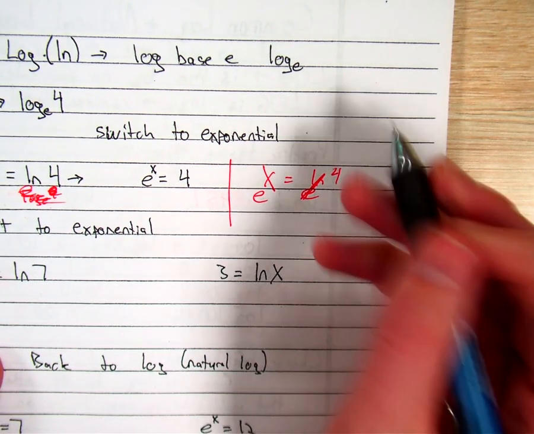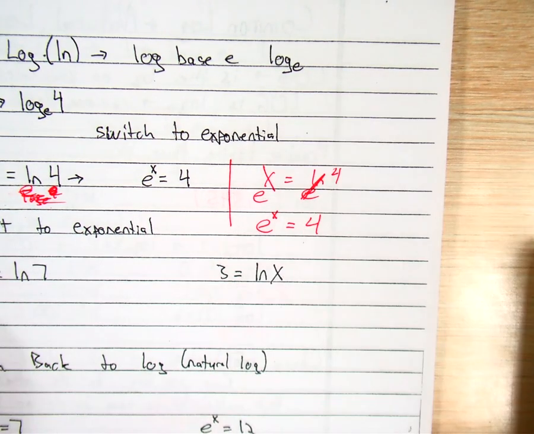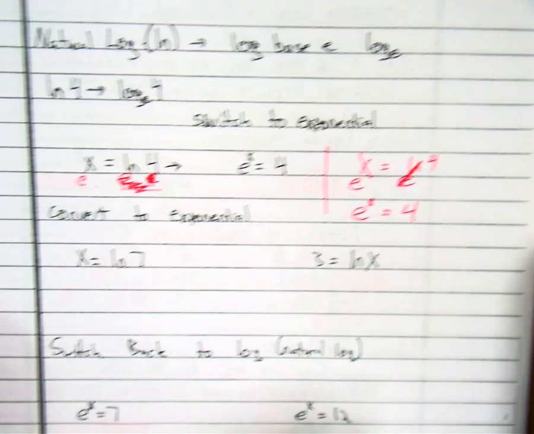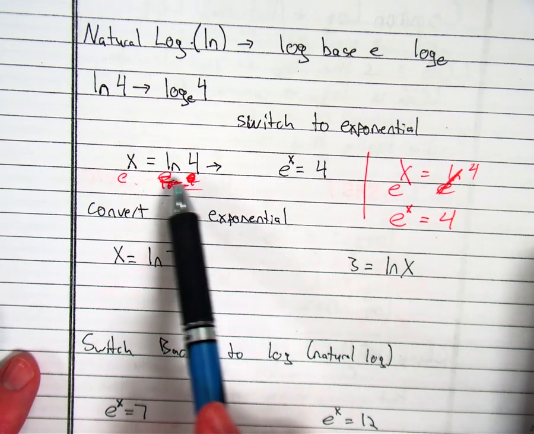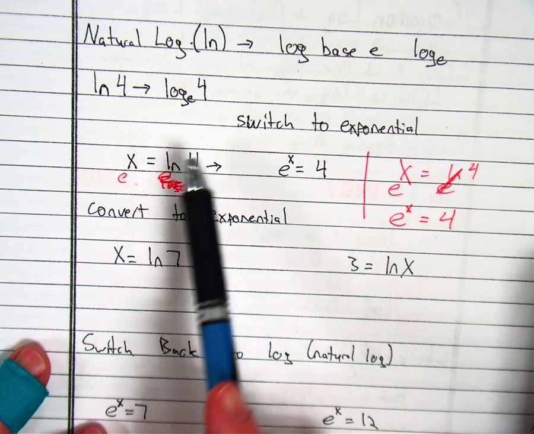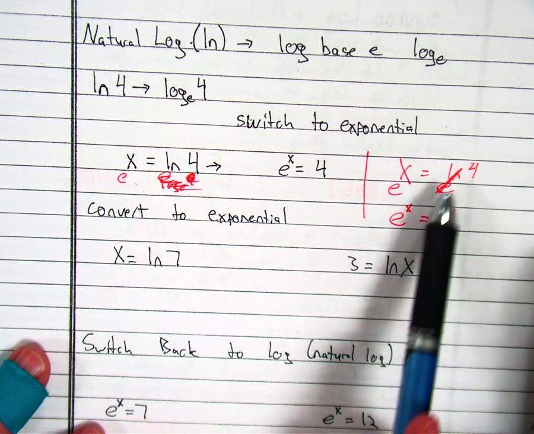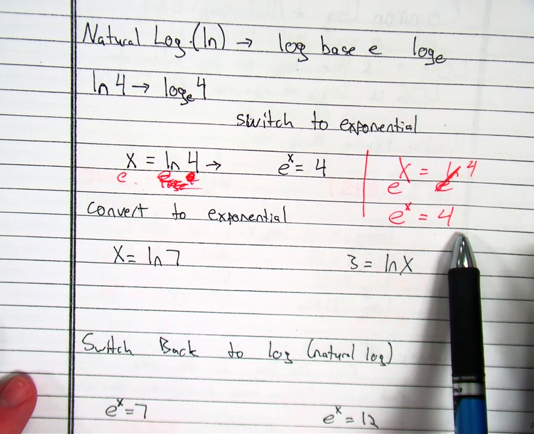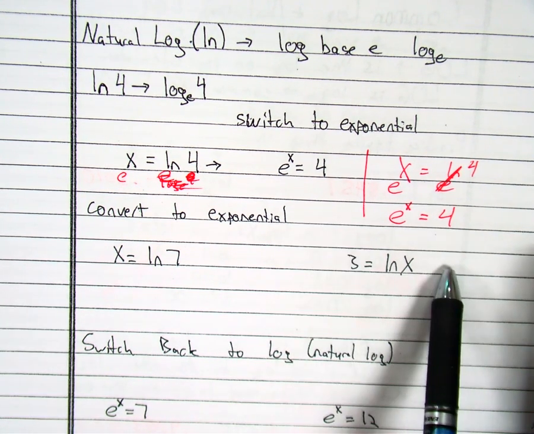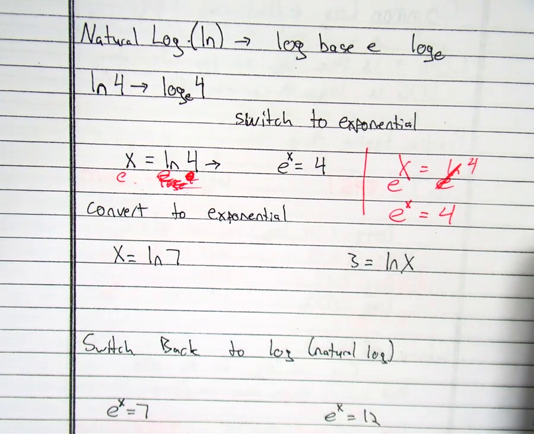E and natural log cancel out, and then we have e to the x power equals 4. So that's another way to do it. You can do it our old way, x is the power of base e that gives me 4, or we can exponentiate both sides, e and natural log cancel out, and we just have the 4. Go ahead and push pause and try those two on your own.